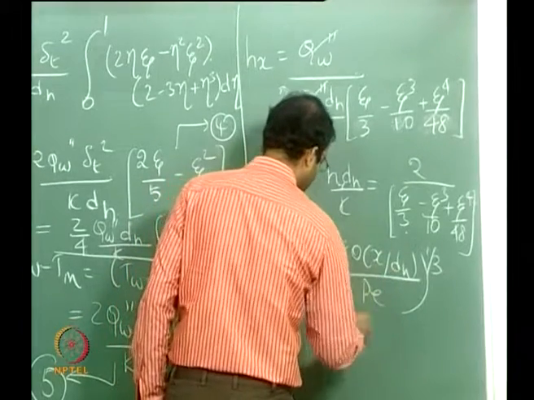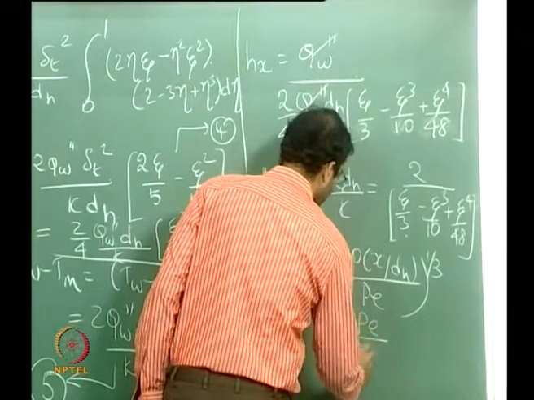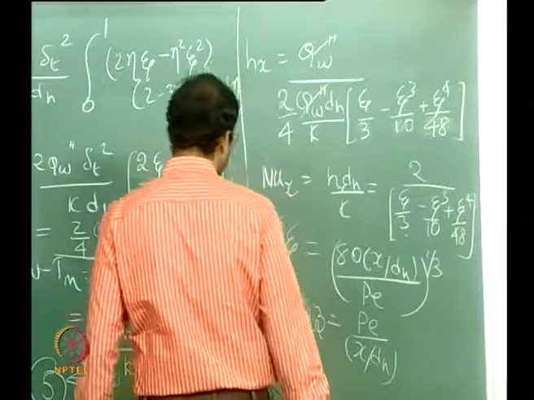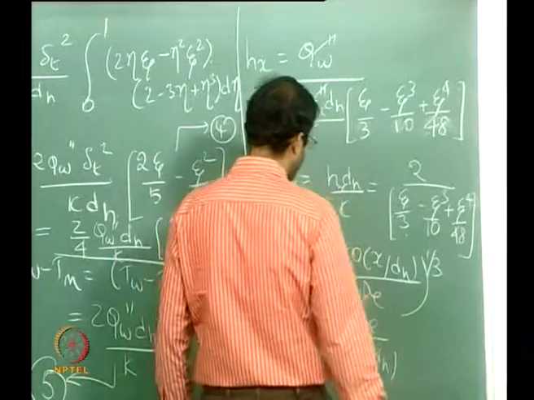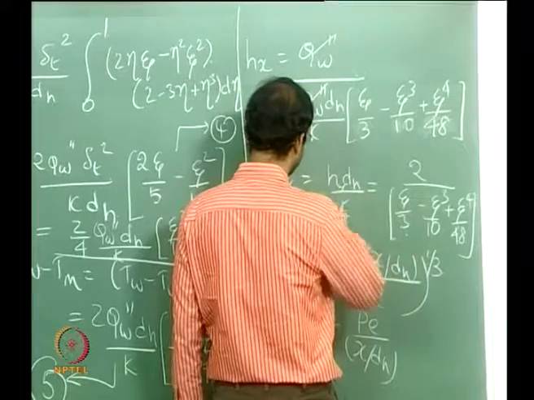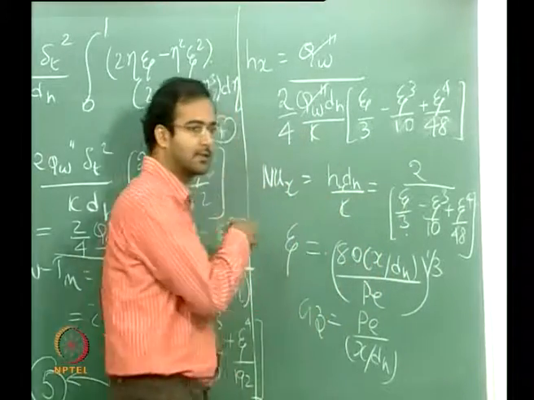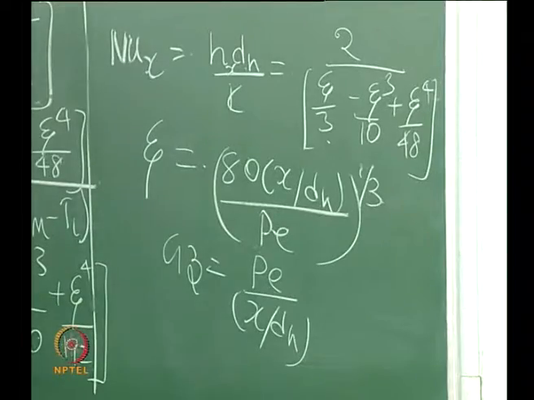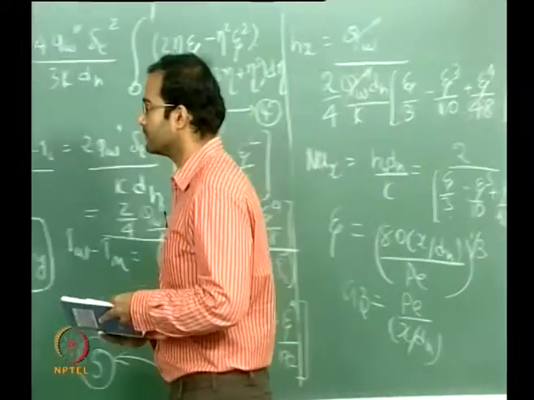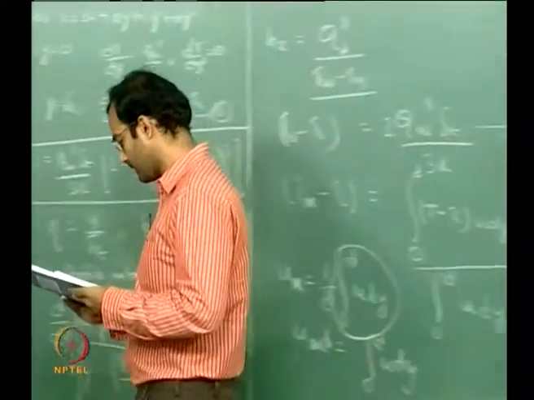This is the inverse of Graetz number, so this is Peclet number by x by dh. So once you know your non-dimensional zeta, this gives you the variation of your local Nusselt number with respect to the non-dimensional axial location. So this is the relation for the case of flat plate.